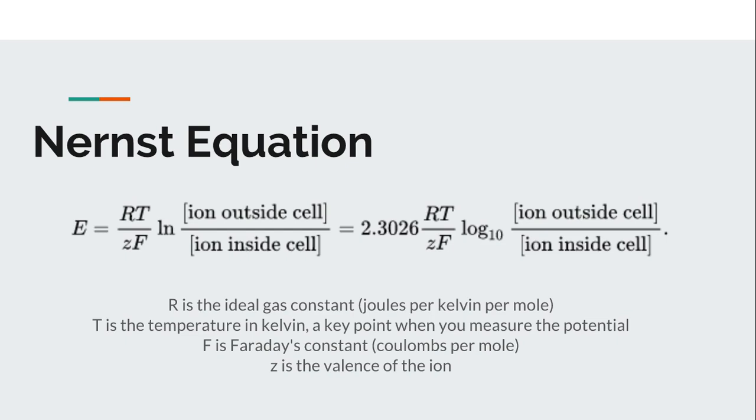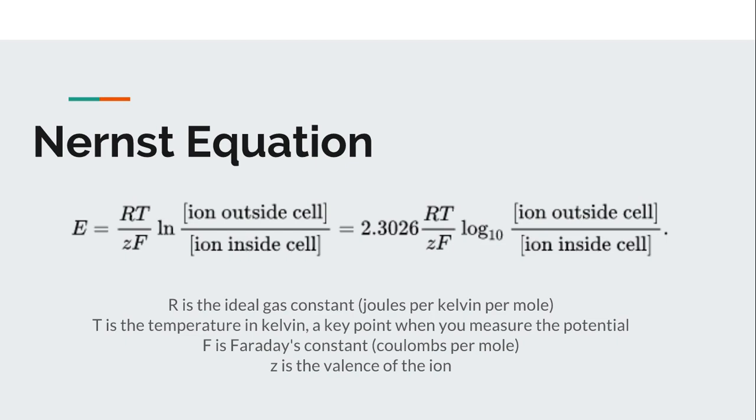But what do ion outside cell and ion inside cell mean? The component ion inside cell is the intracellular concentration of that ion in moles per cubic meter.